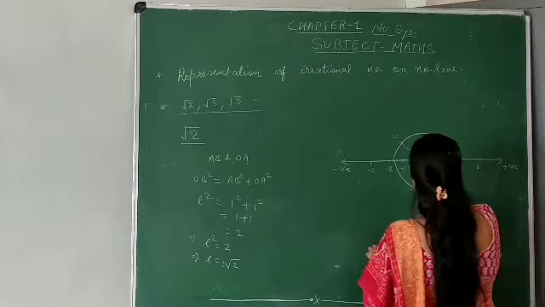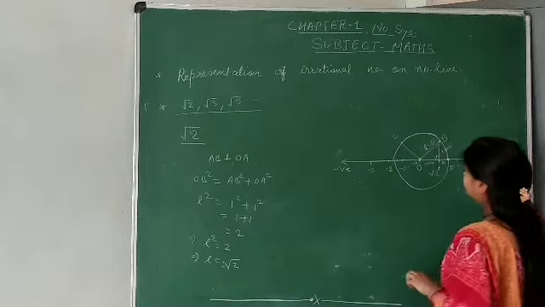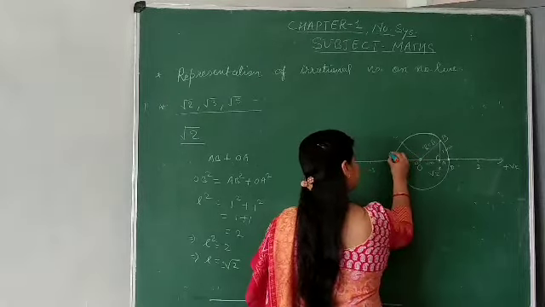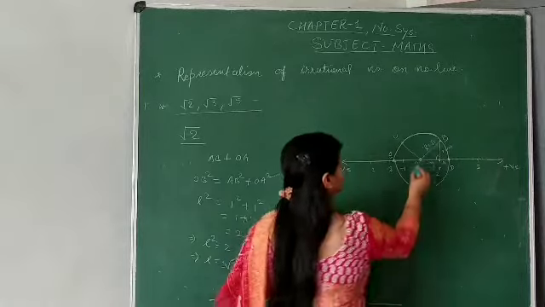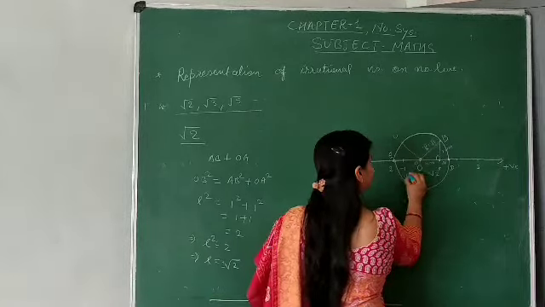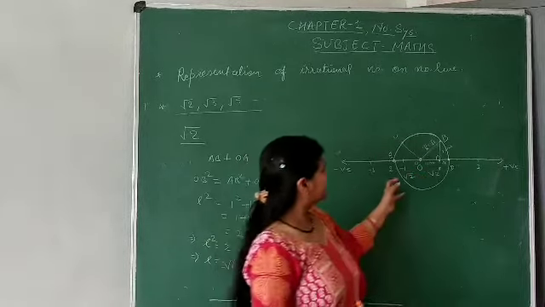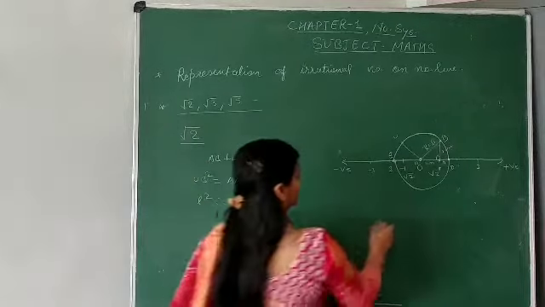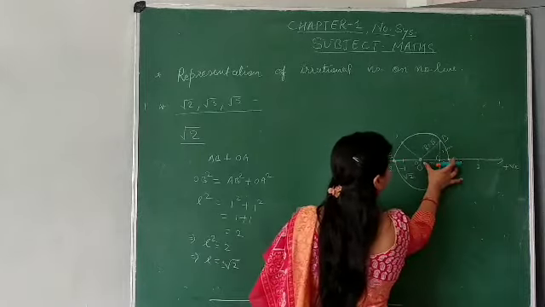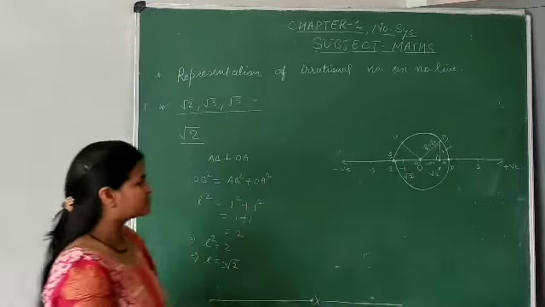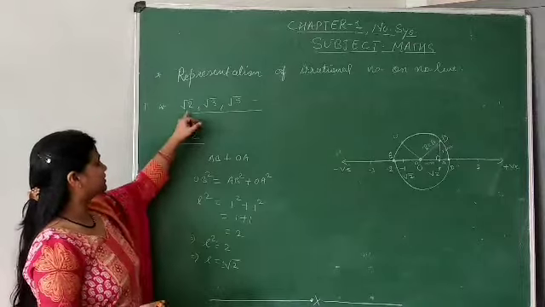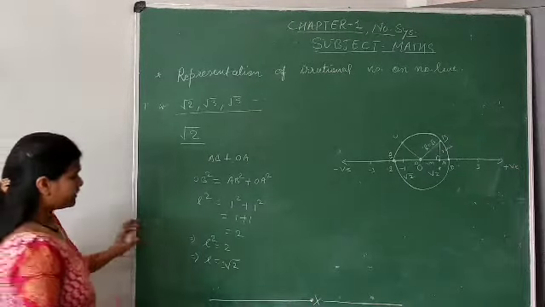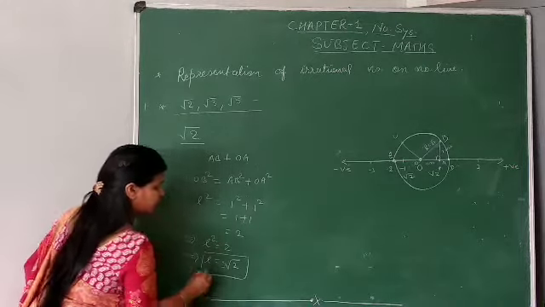So the distance from O to D is root 2, and suppose this point is E, so the distance OE is also root 2. That means the magnitude is equal. The difference is direction. Here we represent minus root 2 or here we represent plus root 2. So we can represent root 2 on the number line. Now this is the representation of root 2 on the number line.